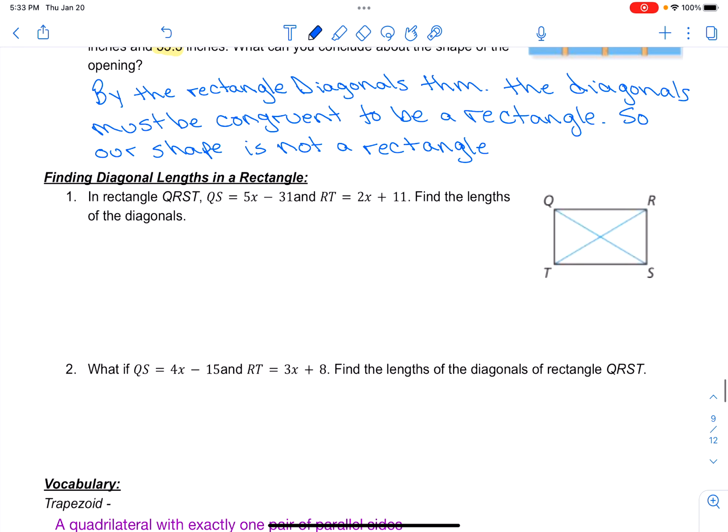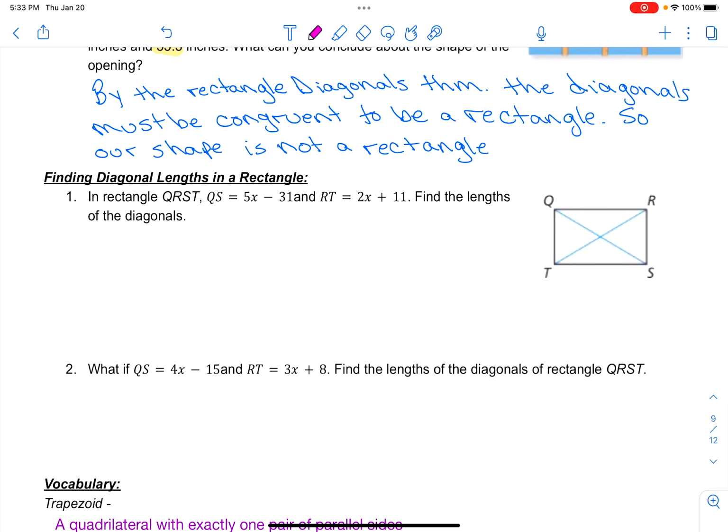All right, so now we get into some math side of things. So it says finding diagonal lengths in a rectangle. So we know this is a rectangle, and according to our theorem, rectangle diagonals have to be congruent. So for this first one, it says QS is 5x minus 31, and RT is 2x plus 11.